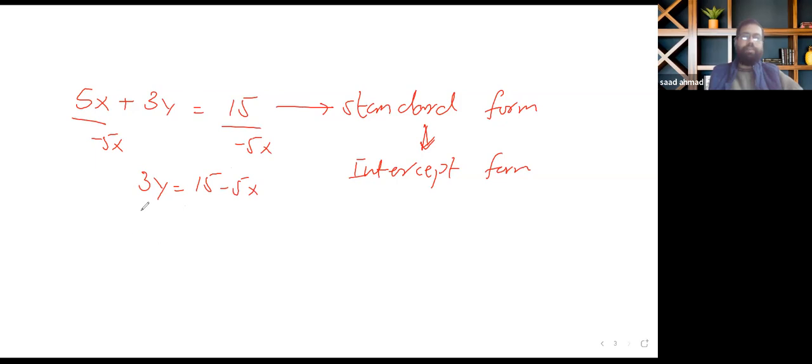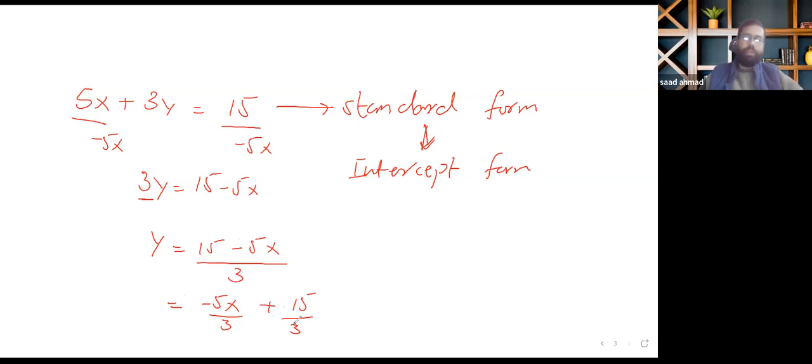In the next step, we need to get rid of this 3, since the coefficient of y should be 1. So we divide by 3. I'm just rearranging it a little bit, writing the 5x first, and rewriting it as 2 different fractions.